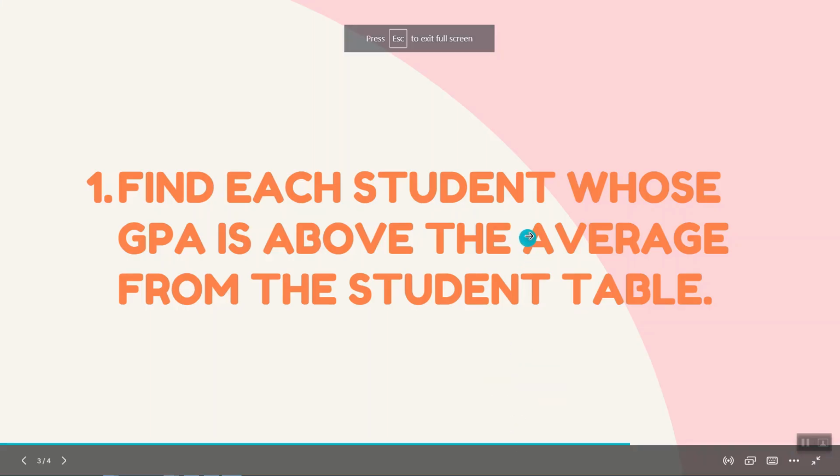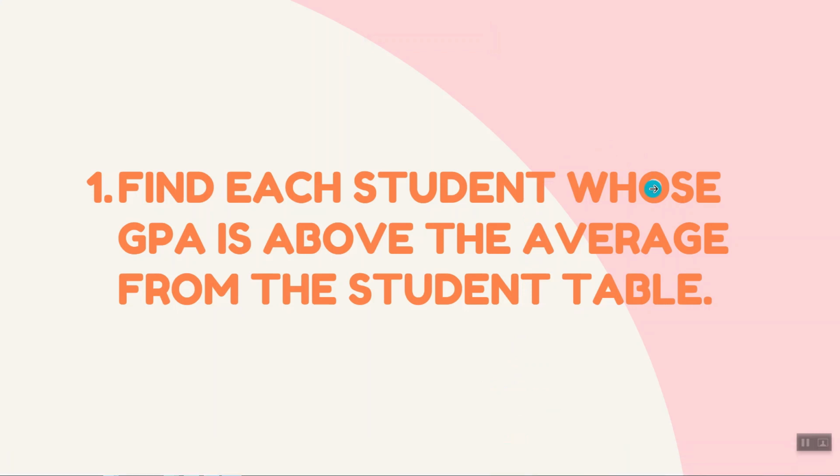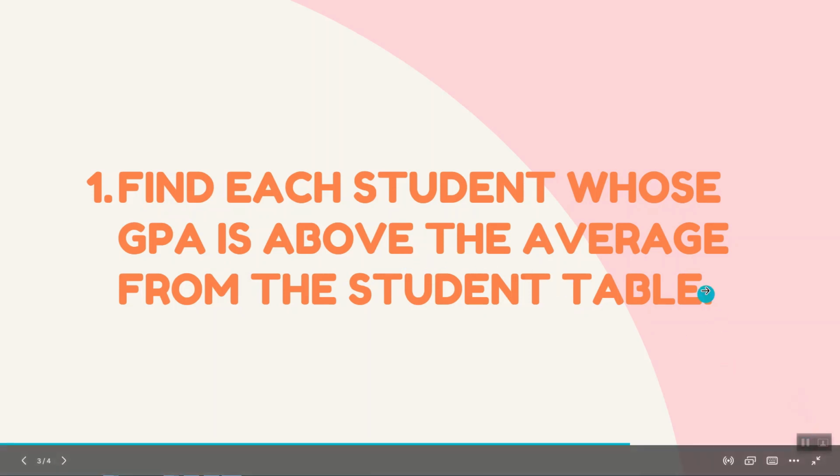And then the second point, we want to find out the student whose GPA is above the average. Now we found the average as 3.19. Then we want to find out the student with GPA above the average, more than 3.19.